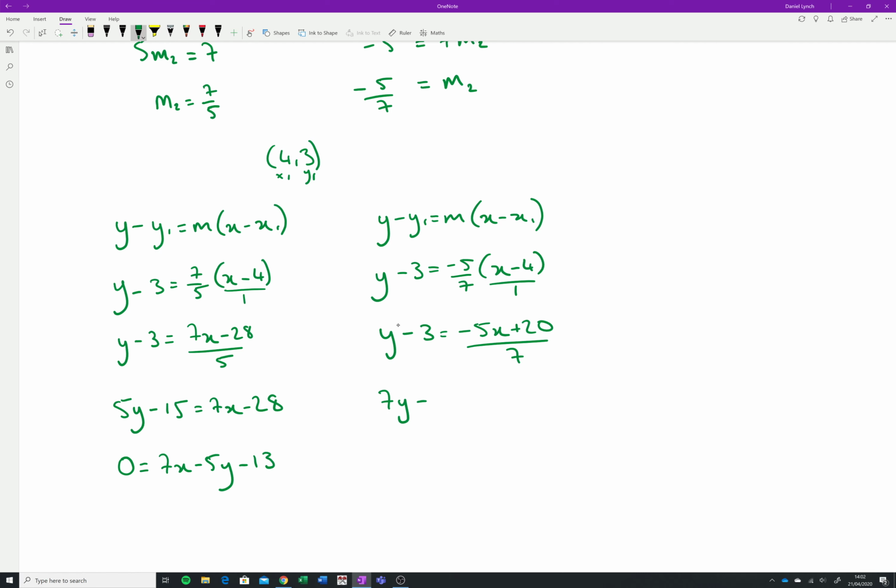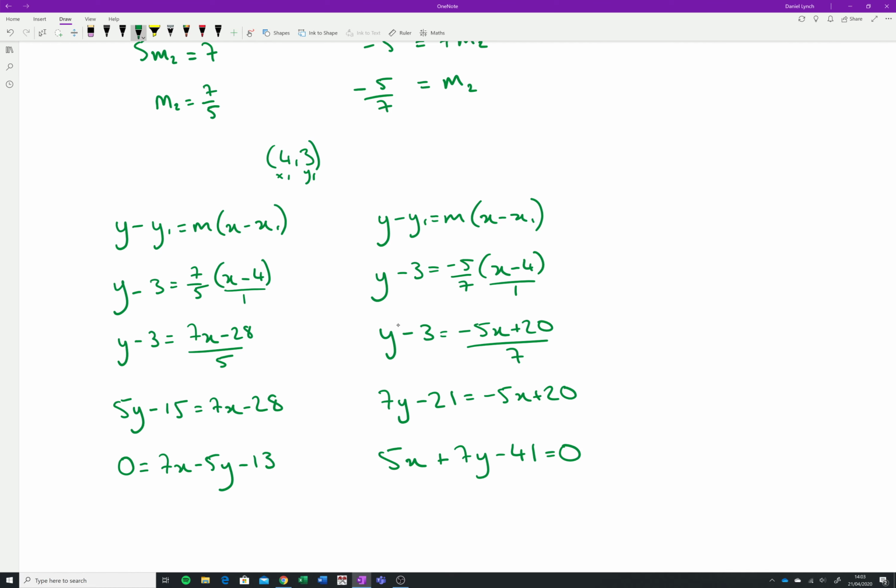Multiply both sides by 7. And again, whichever side you want to go, it's all good. 5x + 7y - 41 equals 0. So that's exercise 7.6, and it's question 11.